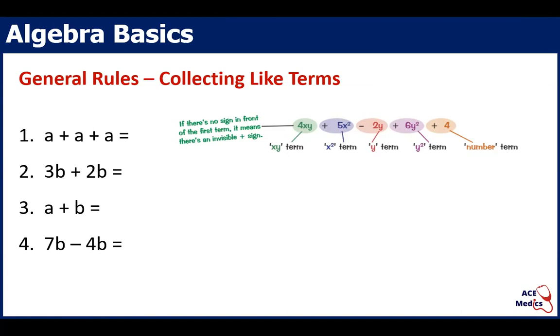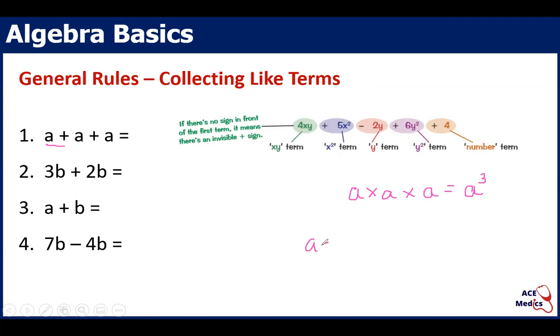So when we're collecting like terms, obviously if we were multiplying a times a times a, we would end up with, let's write this out. So if we had a times a times a, we would get a cubed. If we are adding, imagine it's like having, so a represents a pencil.